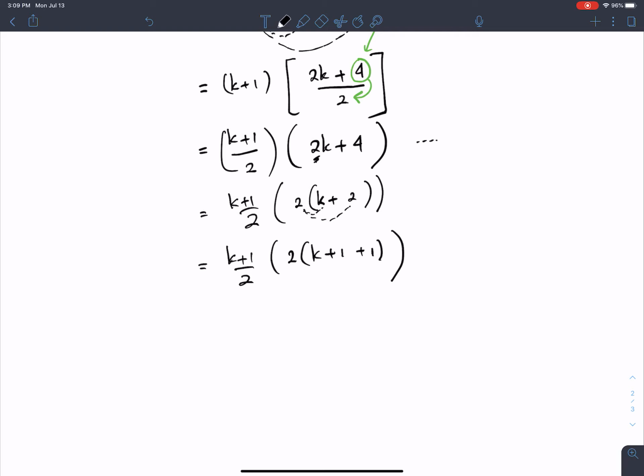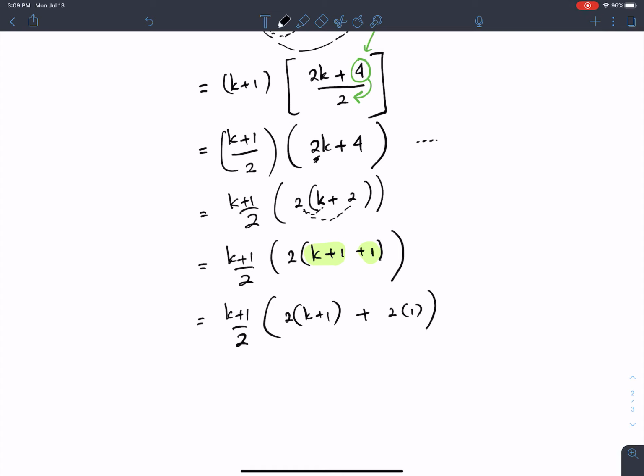You okay with this one? Alright. Next, k plus 1 over 2. So I'm going to separate them. I have this and this. So I'm going to separate into 2k plus 1 plus 2 times 1.